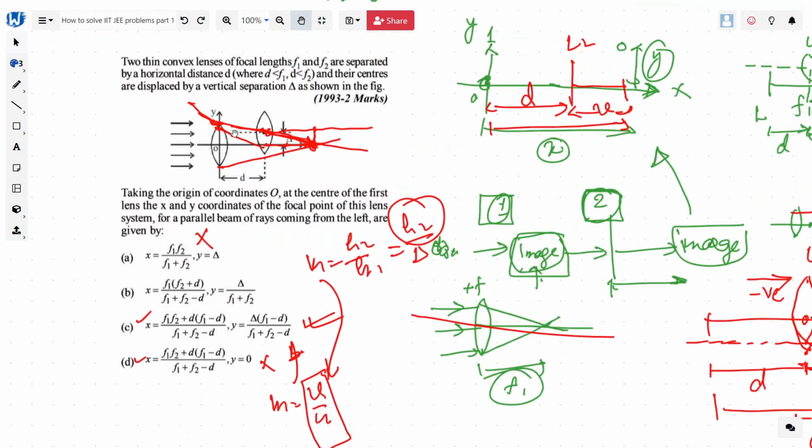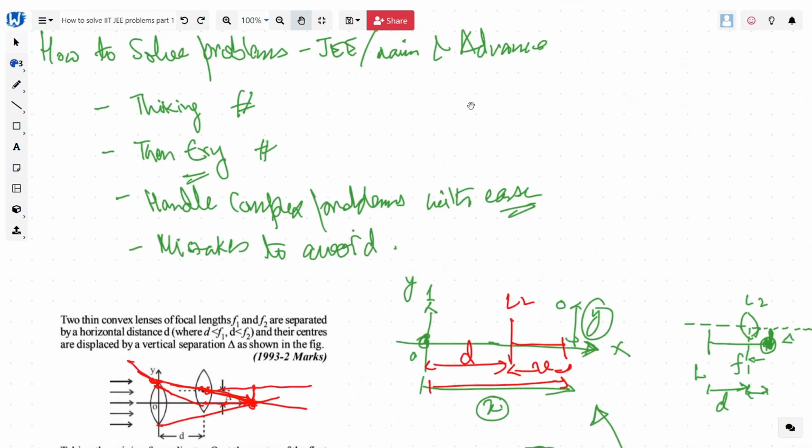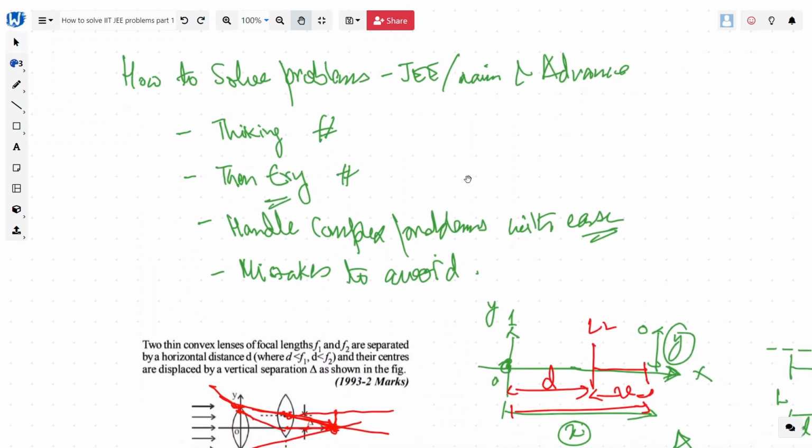Again here we had two lenses in the optical system. We used the first one, found where the image was formed, and used that image as an object for the second one. This is how you can simply solve the JEE problems. We'll be coming up with more problem sessions, and you should always try to solve as many problems as possible.